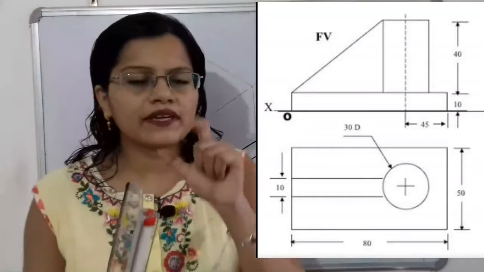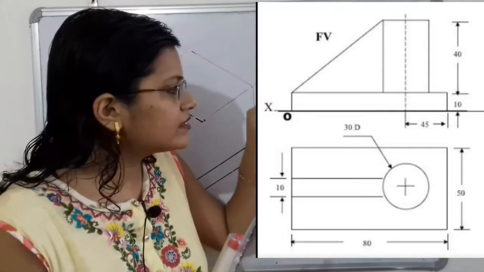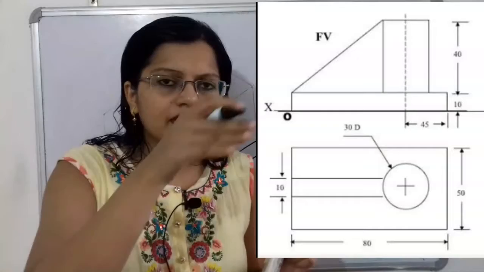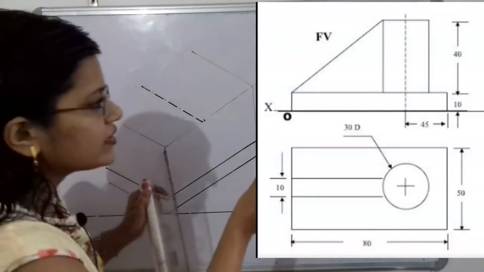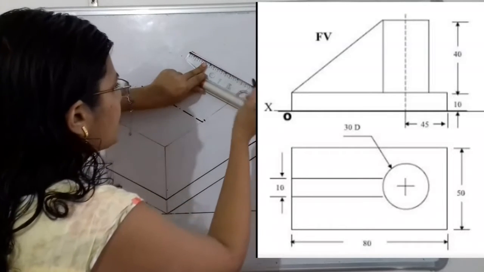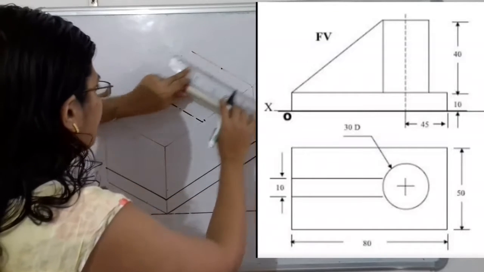Now how to complete the location for that center? If we observe along the width, the location of the center is in the middle point of that width. So what is this width? The width is given, that is 50 millimeter. So we have to take the middle point at 25 millimeter, that means 25 into 3, that is 75 millimeter.